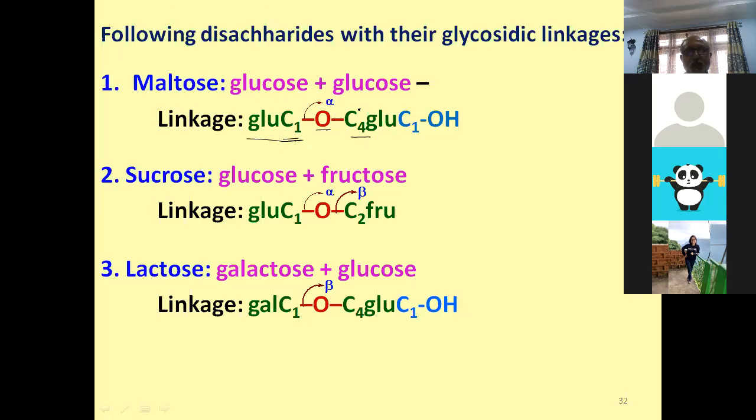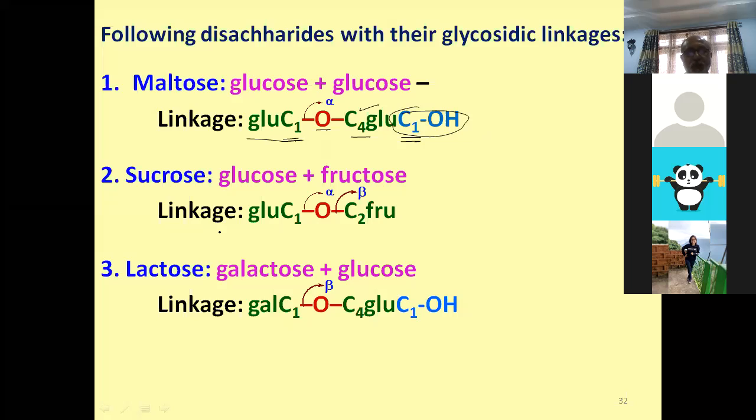The C4 OH group of the second acts as an alcohol. As a result, in the maltose structure, the C1 of the second glucose remains a free OH group. That anomeric OH group can become an aldehydic group, the open chain form, and will show reactions of aldehyde, mutarotation, all these phenomena.